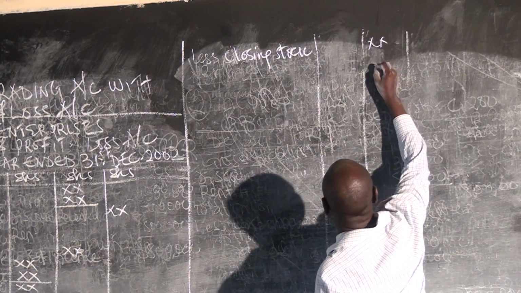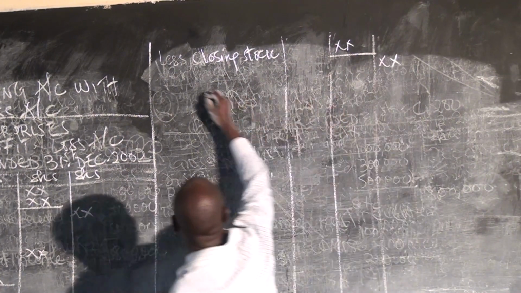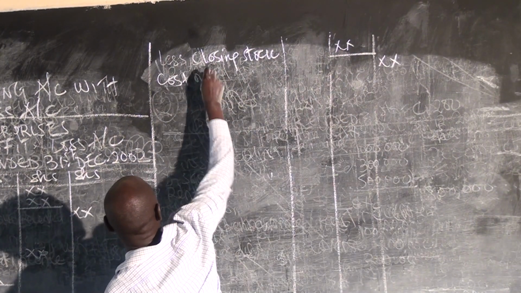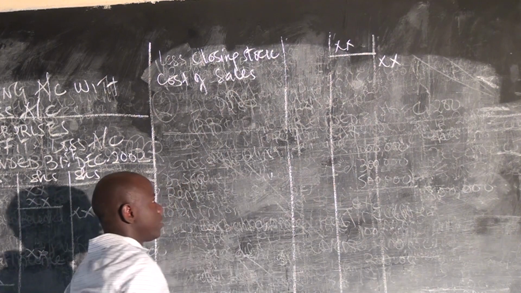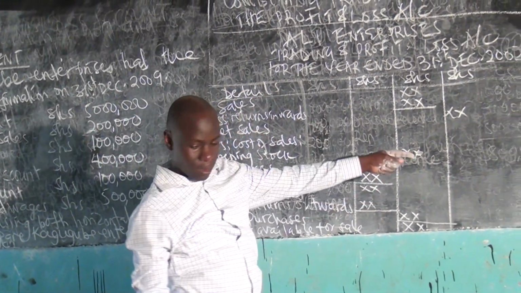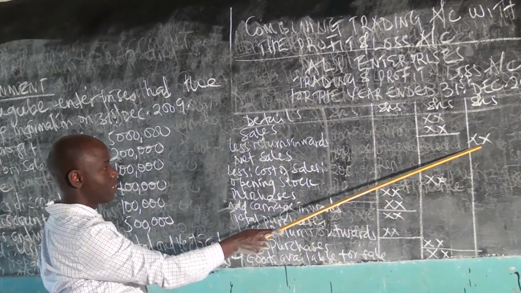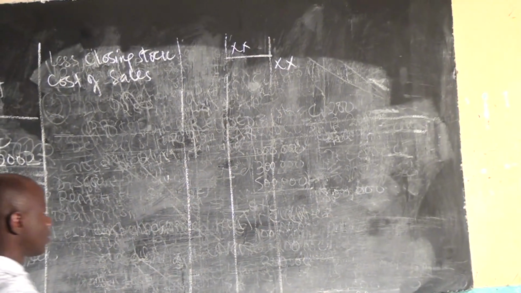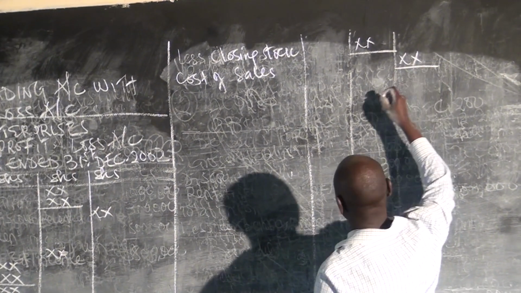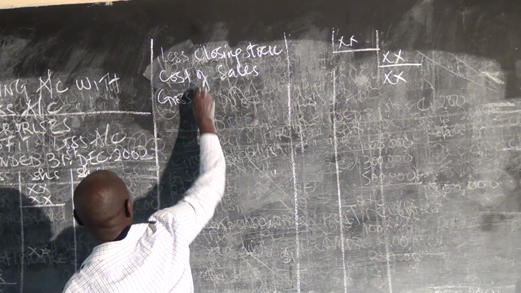That amount of money. When you less, what you get here is what you call cost of sales. Some people call it cost of goods sold. Now, we are looking for gross profit, and to get gross profit, the formula is net sales minus the cost of sales. So when you minus here, what you get is what you call gross profit.